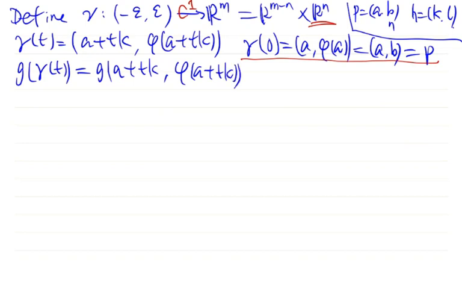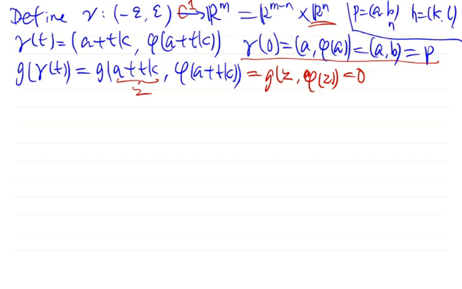So you consider A plus tk to be z, right? Then this is G(z, phi(z)). If t is very small, then A plus tk is also very close to A. So for z equal to A plus tk very close to A, G(z, phi(z)) is 0.